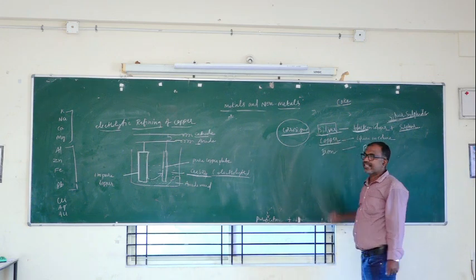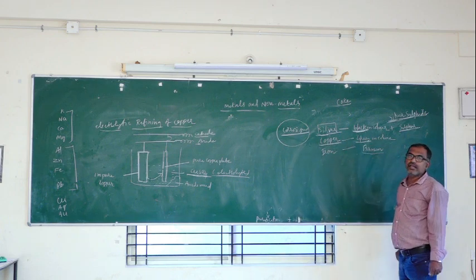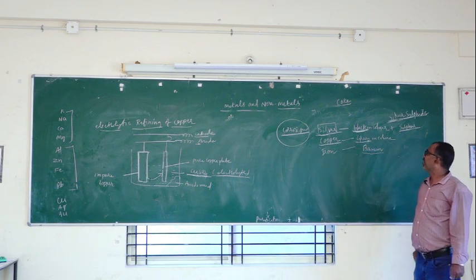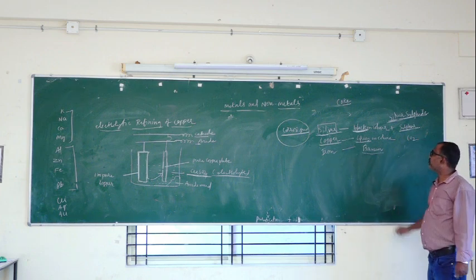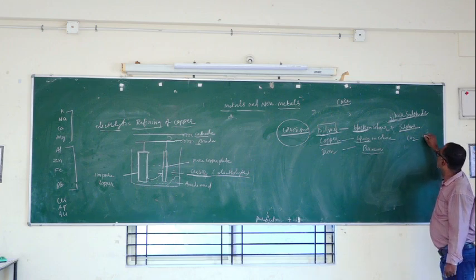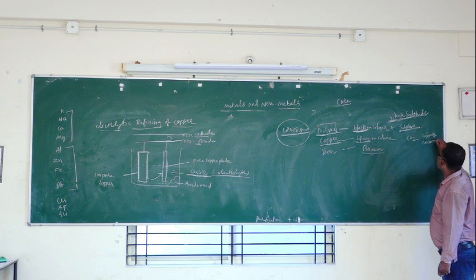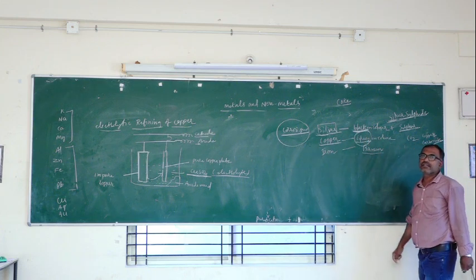And then another example, copper. Why does copper become green in color? This copper reacts with the carbon dioxide that is present in the air and forms a compound called copper carbonate. So that gives a green color.